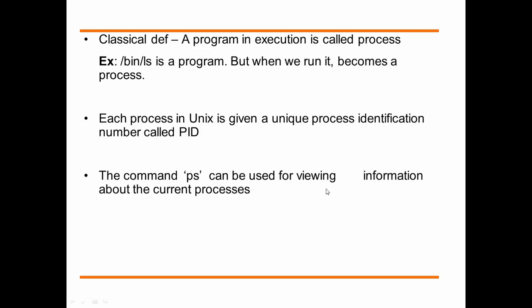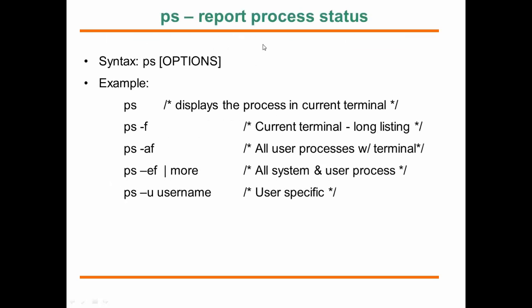The command ps can be used for viewing information about the current processes. Now here are the syntax options for ps. You can try them at your place. ps -f is a long listing, -af is user processes, -ef is system plus user processes.